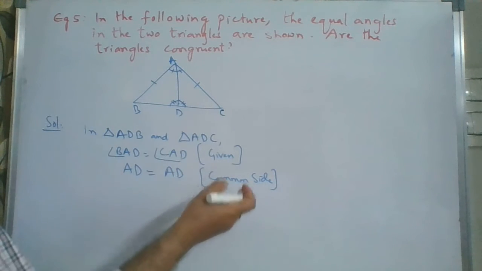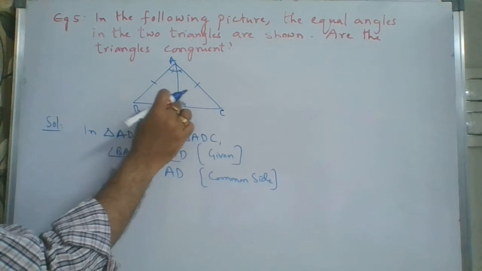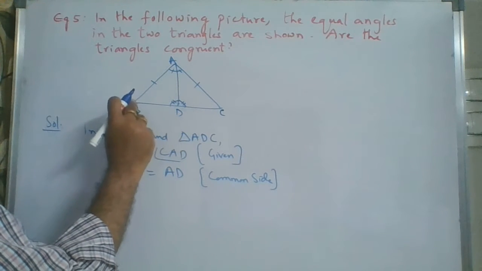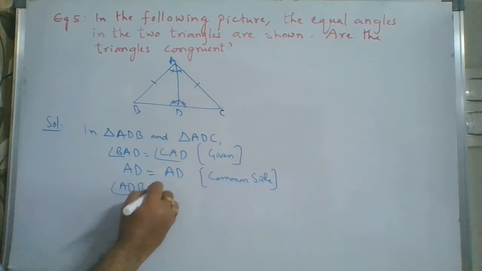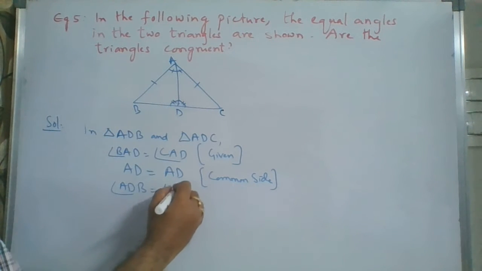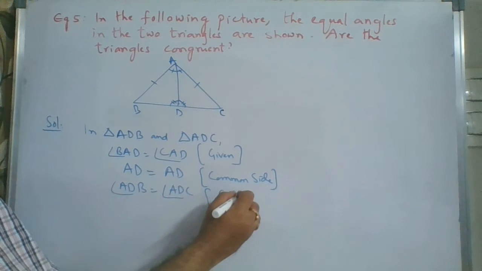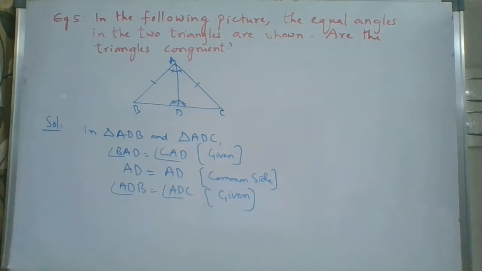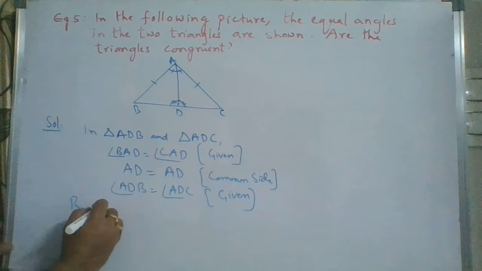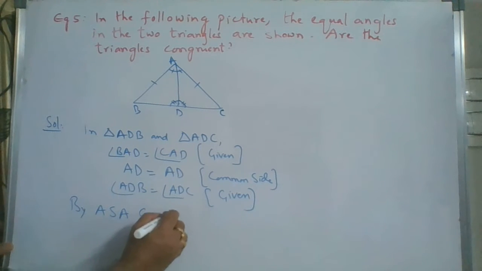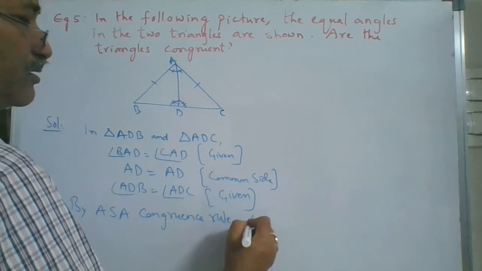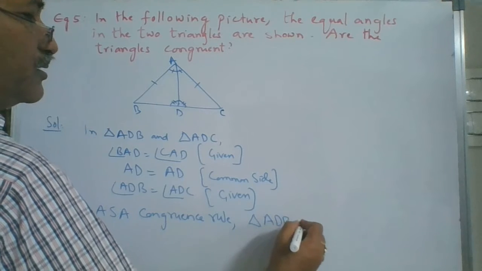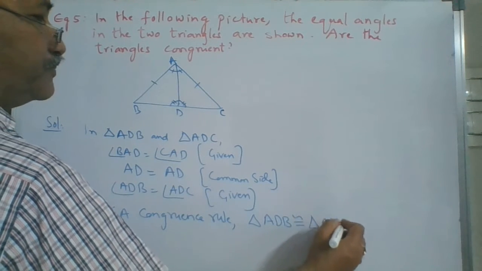This is also given in the figure, so we can write given. And what about these angles? What is the name of this angle? Angle BDA, or ADB. Angle ADB is equal to angle ADC. This is given in the question, right? So by the ASA congruence rule, triangle ADB is congruent to triangle ADC.